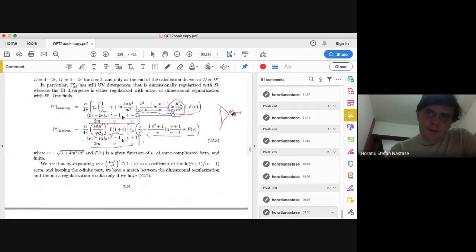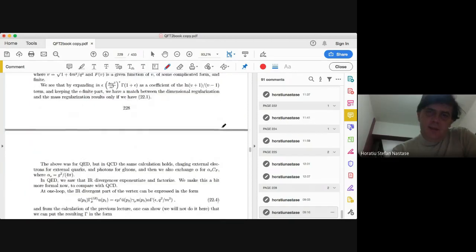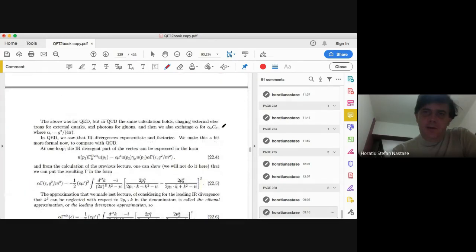And then, of course, the coupling would be different. The coupling would be g strong instead of e, or equivalently, I can define alpha strong being g squared over 4 pi, in the same way I described alpha equal to e squared over 4 pi.